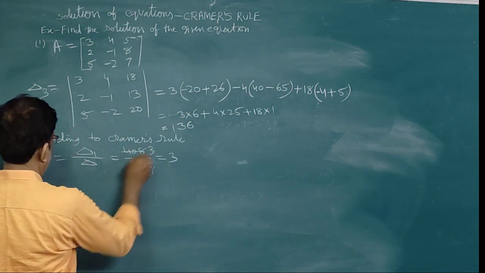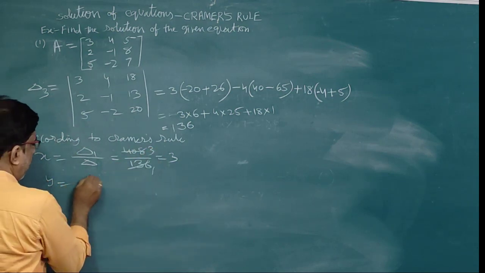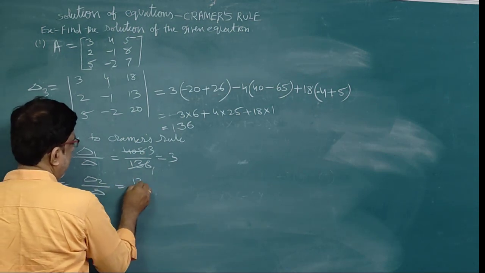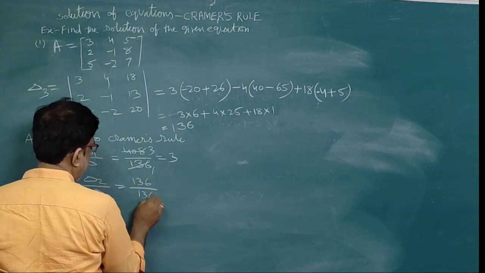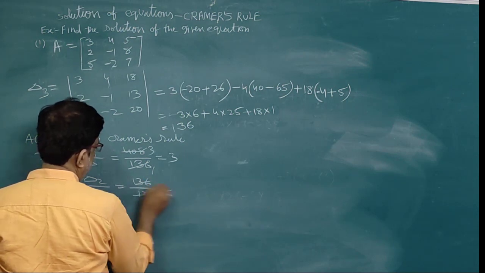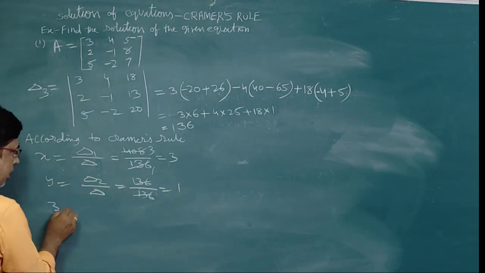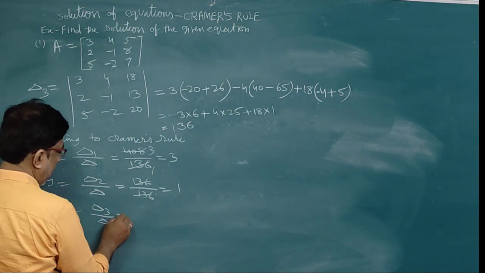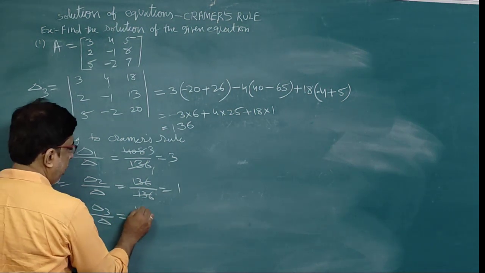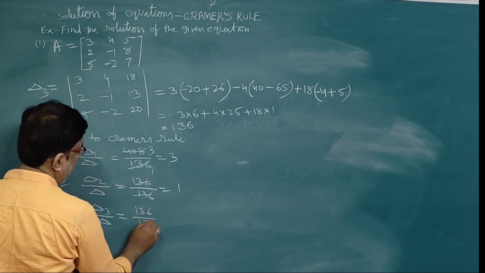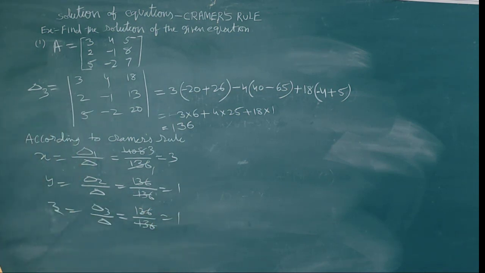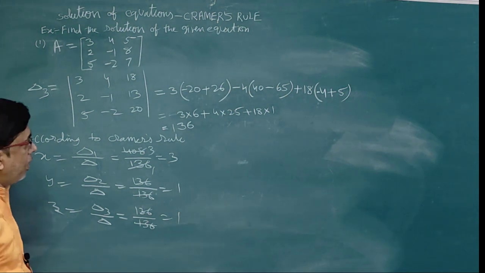So x is 3. y is equal to delta 2 by delta, which is 136 by 136, equal to 1, and z is equal to delta 3 by delta, which is 136 by 136 again. It will be 1. So we got the values of x, y, z as 3, 1, 1 respectively.